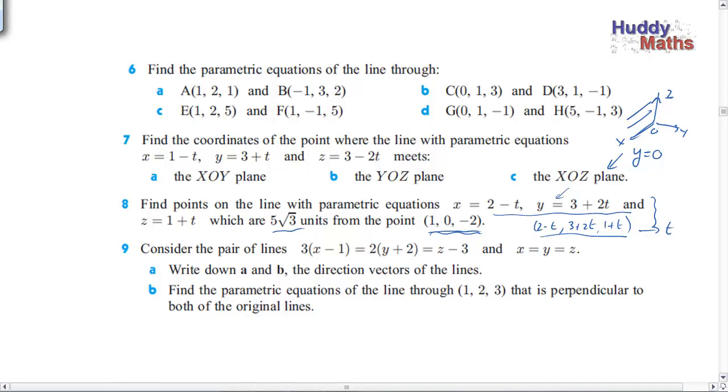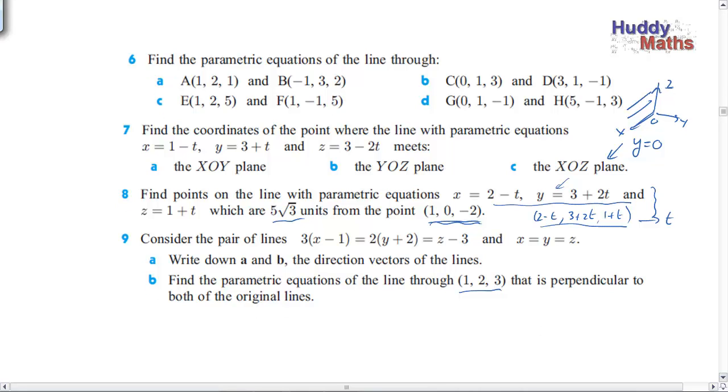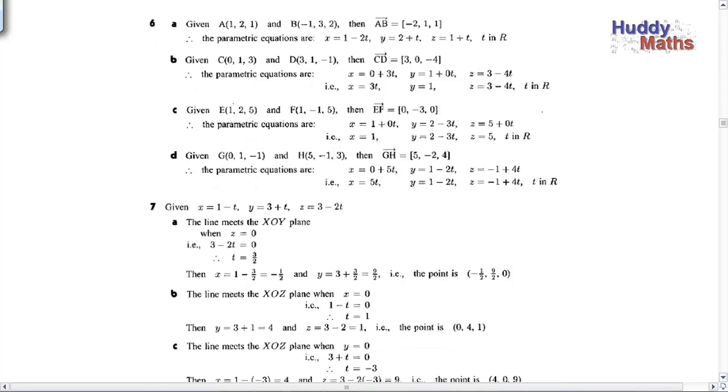Consider the pair of lines: write down a and b, the direction vectors of the lines, and find the parametric equations. Have a look at those and see what you think. I'm going to show you the answers now. So there's 6 and part of 7.